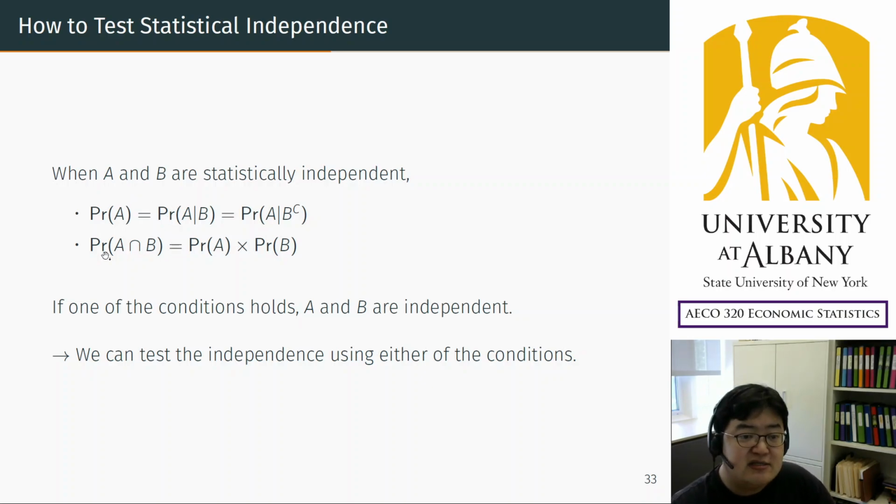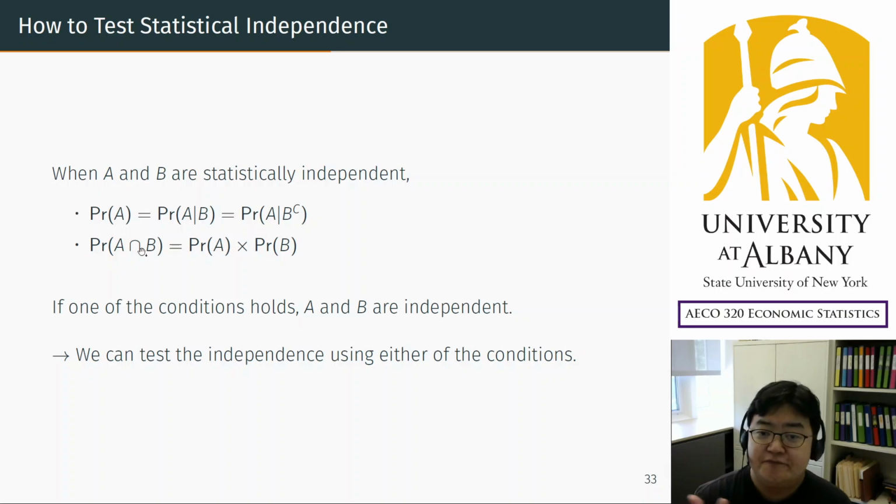And the other is the special multiplication rule. If A and B are statistically independent, this must be true. So if one of them is true, then we can say A and B are statistically independent. If they are not, then both fail. So by checking one of them, you can simply see whether independence holds or not.